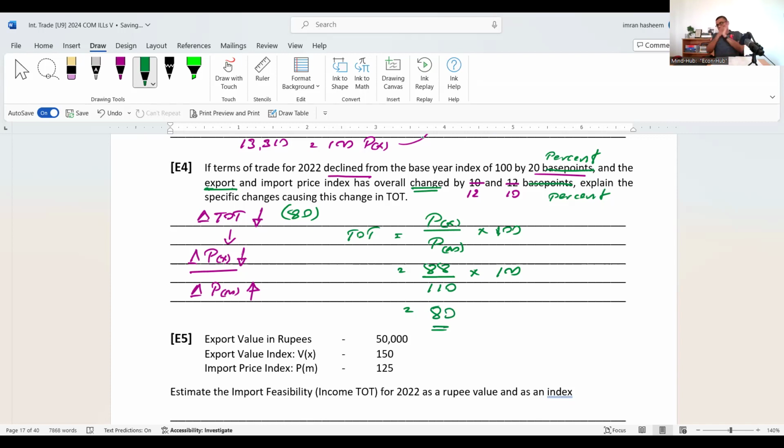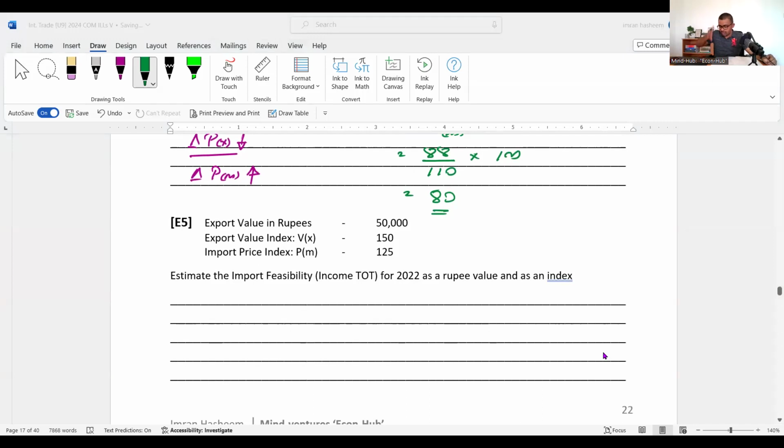How did we at once get that export should decrease by 12% and import should increase by 10%, instead of working out different scenarios? Because we knew if terms of trade has decreased, fundamentally that means exports would have decreased and imports would have increased. We just apply that theory first, that basic thing first. Get it? Right.